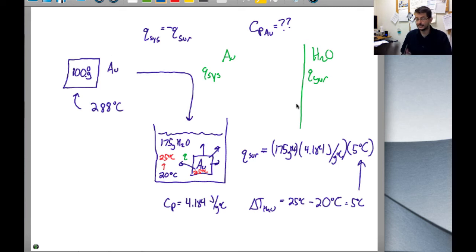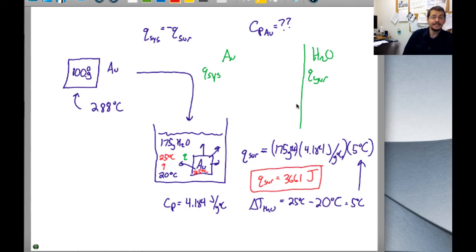Plug that into your handy-dandy calculator, and you get a Q of the surroundings equal to 3,601 joules, and we'll keep that for sig figs. That's the heat gained by the surroundings, and it's a positive value. Temperature goes up, positive value, good.